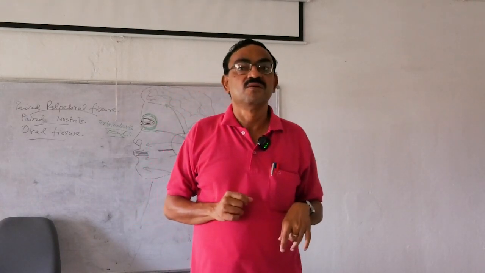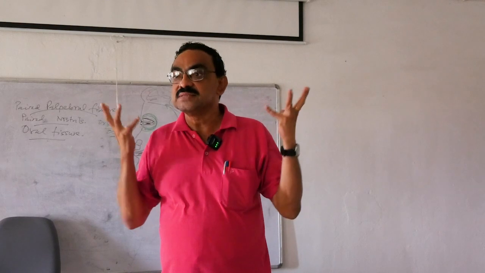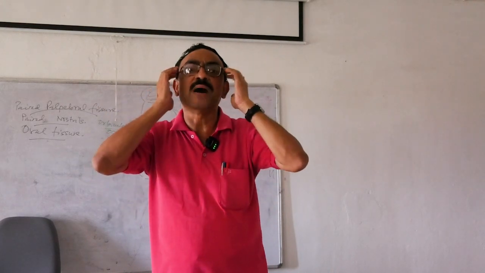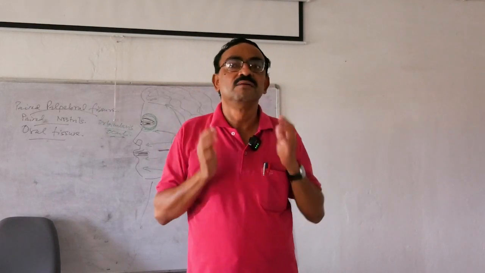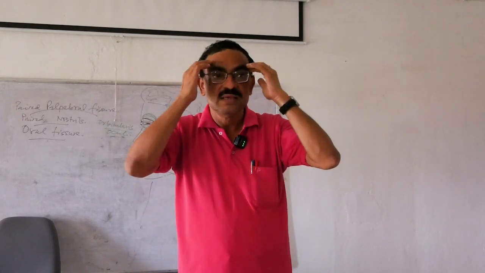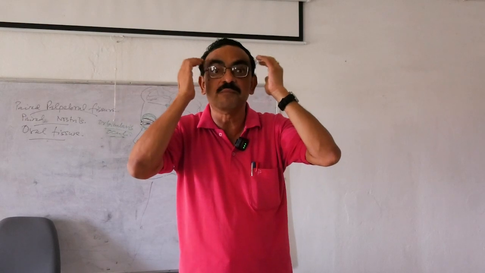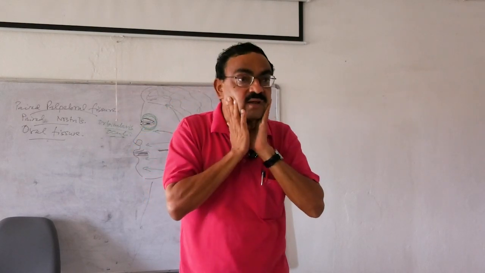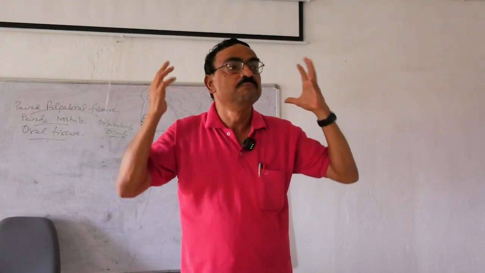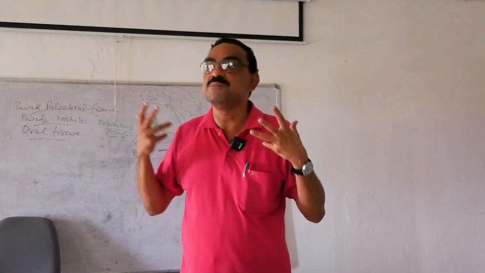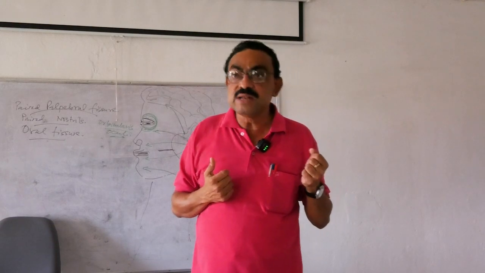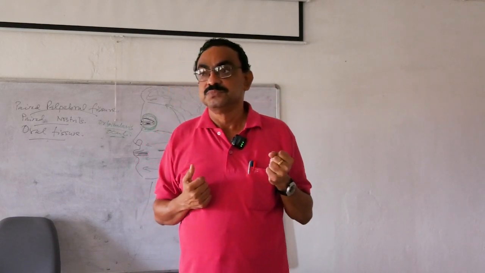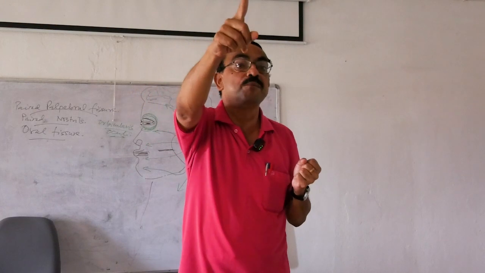Next, these are the muscles, and also some other muscles like temporalis and masseter. These are all the muscles of mastication. The masseter, temporalis, and pterygoid muscles, medial pterygoid and lateral pterygoid inside, help in mastication, and are called the muscles of mastication.